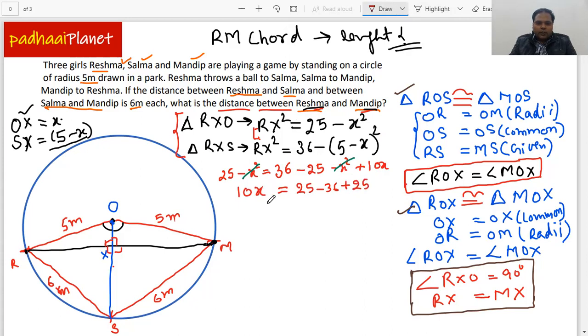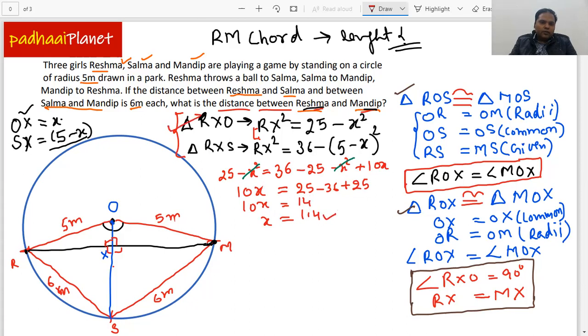So that becomes 10x equals 50 minus 36, so that comes to 14, and x is equal to 1.4, right?